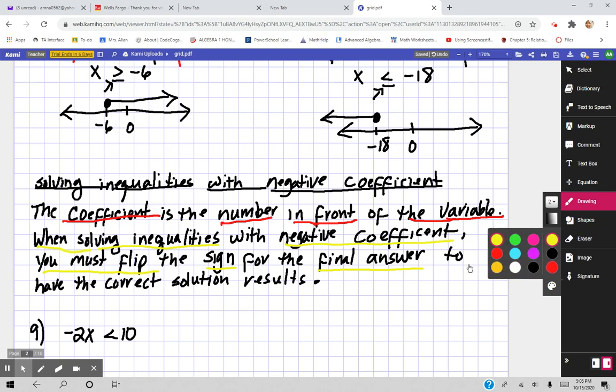Let me just explain something. Let's say you are looking at this equation, -5x minus 2 equals 10. This number is called the constant. This number here, the number in front of x, is called the coefficient.